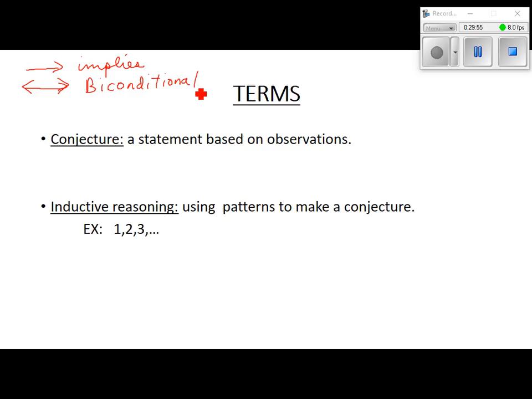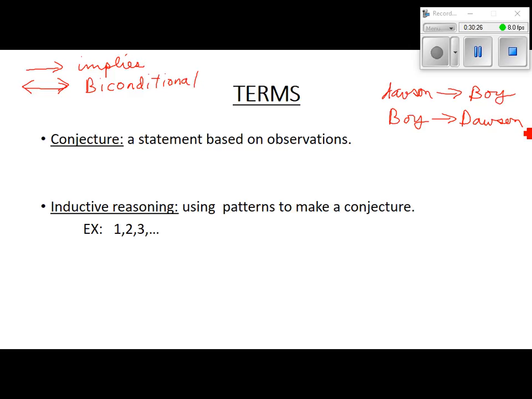This one just says P implies Q. So if we had something like, let's go back to Dawson here, if we had Dawson implies boy, that's true, right? But if we turned it around, is that necessarily true?